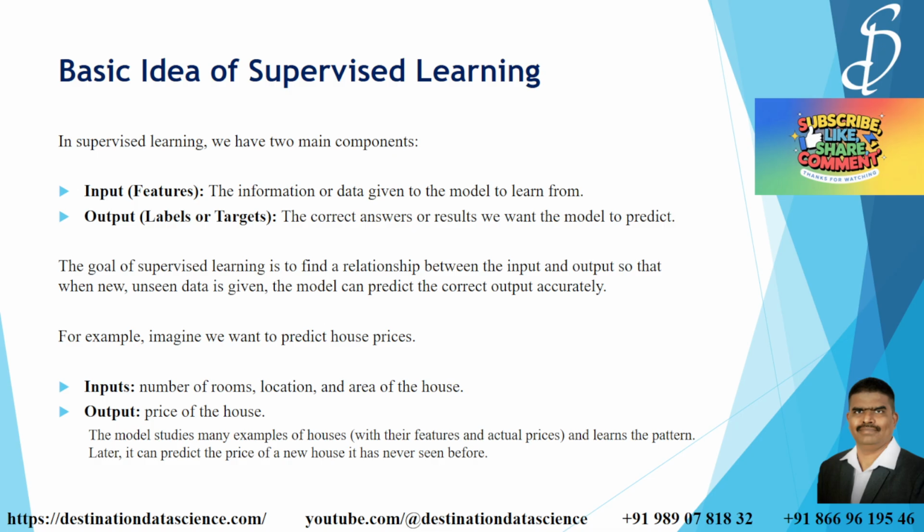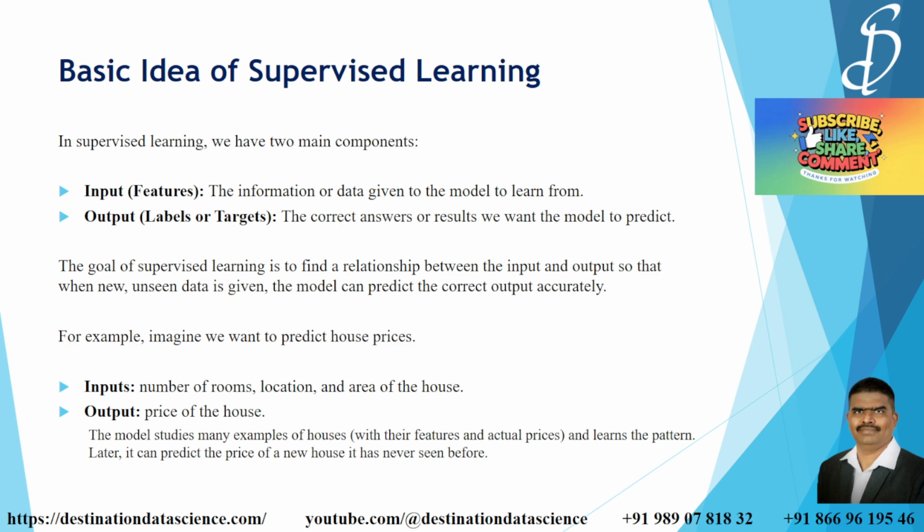In supervised learning, we have two more important components: one is input and the second is output. My features, as I told you, are years of experience and technology, whatever is there, and based on that, my output is the salary. That is the output, or label, or target.